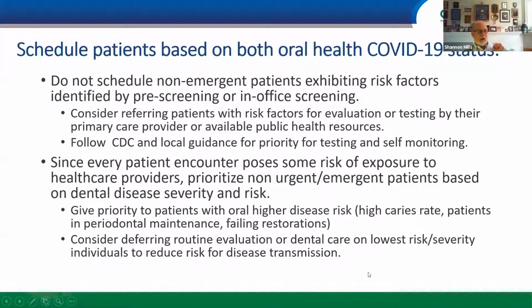Because the patient who has high dental risk and can have something go wrong and end up having to go to the negative pressure room, okay, poses exactly the same risk to you as that person that just needs a prophy because they like the way it feels when they rub their tongue over their teeth after the prophy. That person has the same risk of making you sick as the other person does. So you're experiencing the same risk for a low return on benefit.